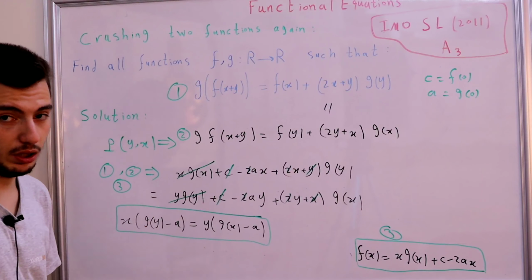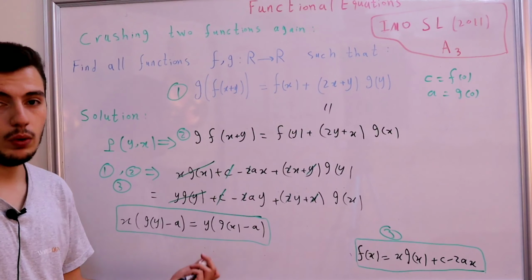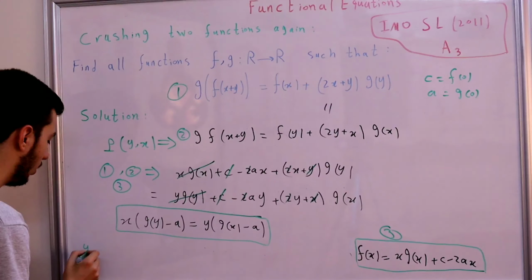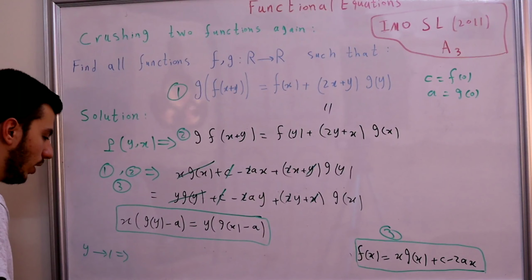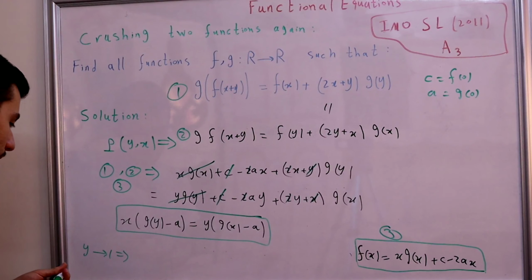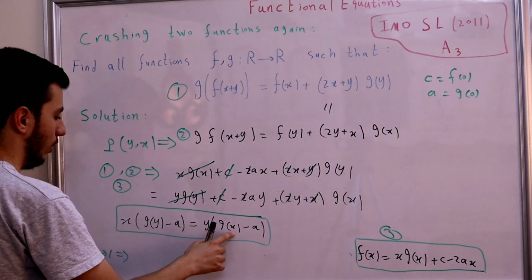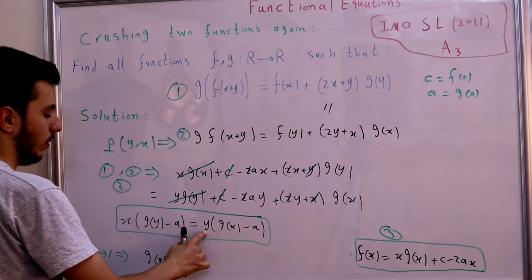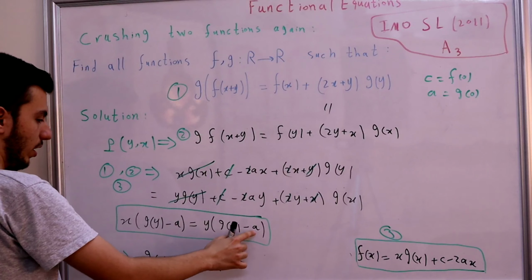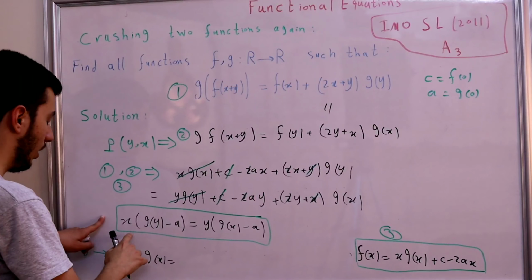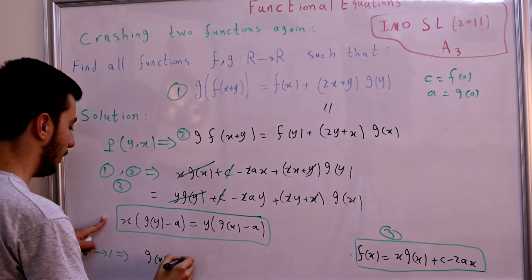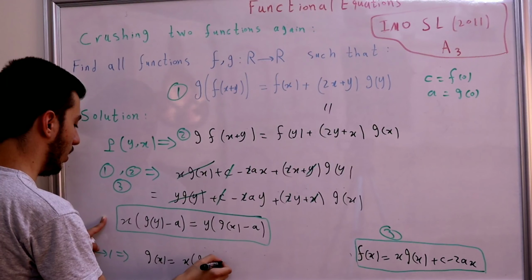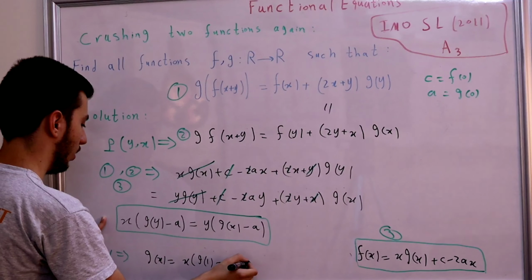And of course we are done, because we can simply substitute y with 1 to get the value of our function. So simply by substituting y with 1, we get that g(x) minus a is equal to, this becomes 1, so I can take it to the left hand side, and this will be x times (g(1) minus a), plus a.